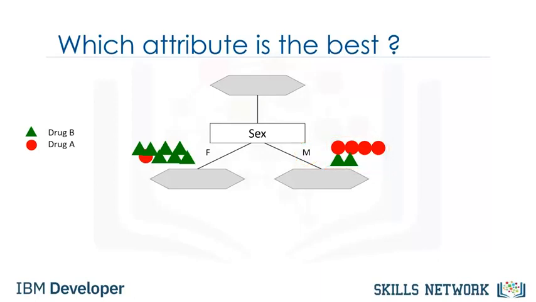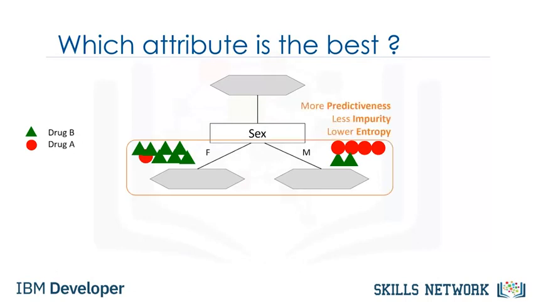However, it is still a better choice in comparison with the cholesterol attribute because the results in the nodes are more pure. It means nodes that are either mostly drug A or drug B. So, we can say the sex attribute is more significant than cholesterol. Or in other words, it's more predictive than the other attributes.